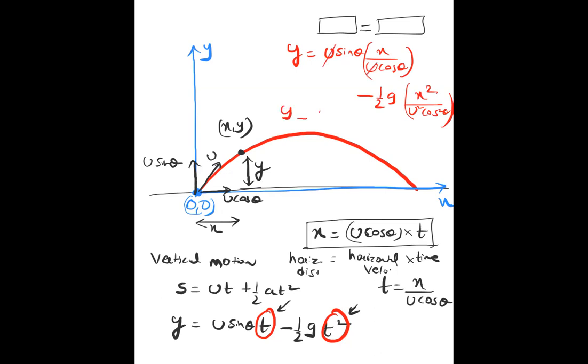So it will become y equals x tan theta minus half g x square upon u square cos square theta. This is the final equation of the trajectory of the projectile. We have derived the trajectory equation now. So note it down, please.